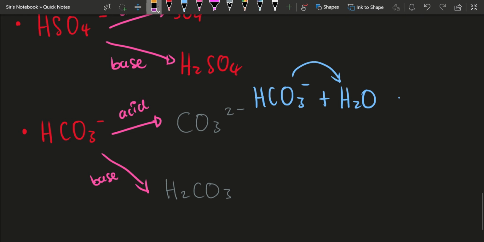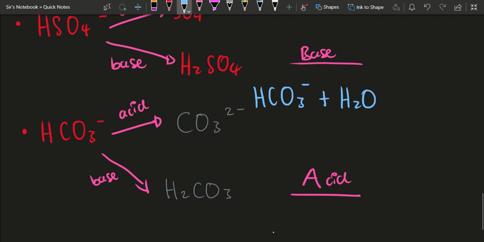But if it acts as a base, then it's supposed to accept a proton. So I have HCO3 minus plus water, and what does that actually give me? Let's say it acts as a base. This is when HCO3 minus acts as a base, and then we'd have a reaction again when it acts as an acid.